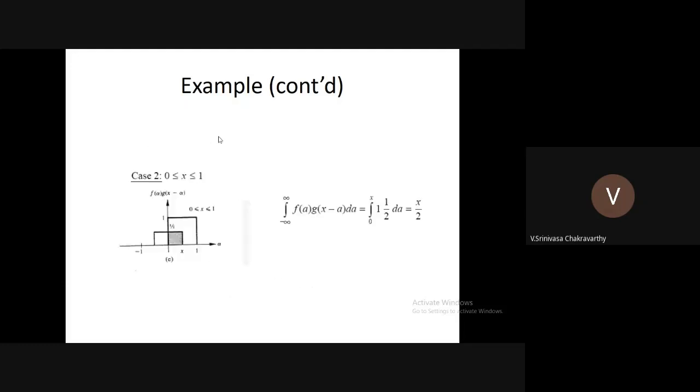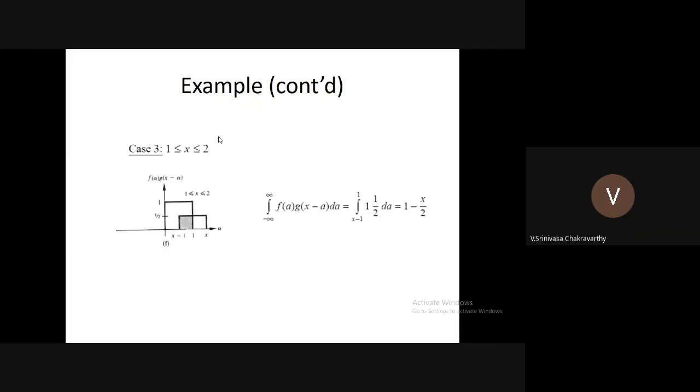Now for x between 0 and 1, the two functions have some overlap, and the overlap area is colored in gray. You can easily calculate that the integral now works out to be x by 2. So the resulting function is now a function of x, the shift value.